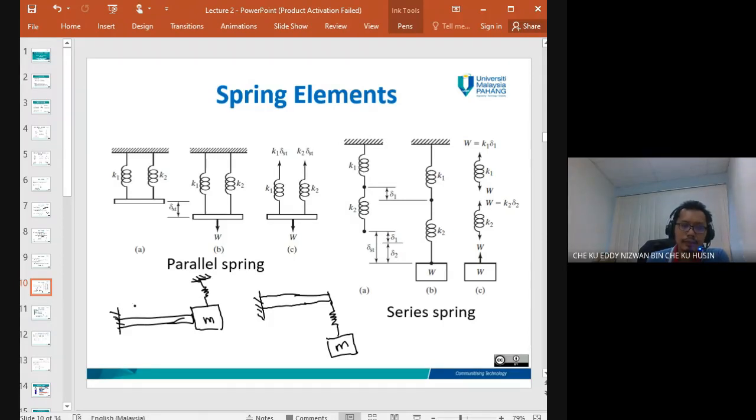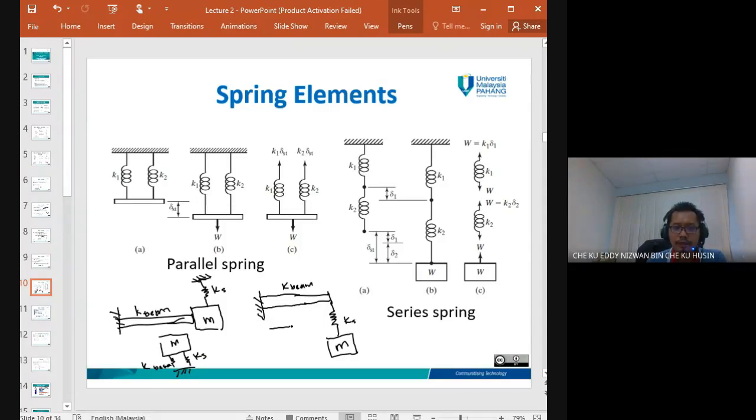Okay, so for example, this one is K beam. This one is K L. So this one K beam, KS. So this one, if we want to model, we can model as a mass with K beam and KS.